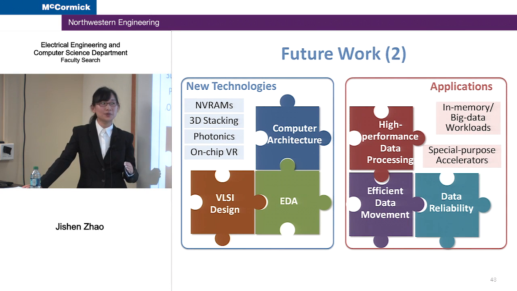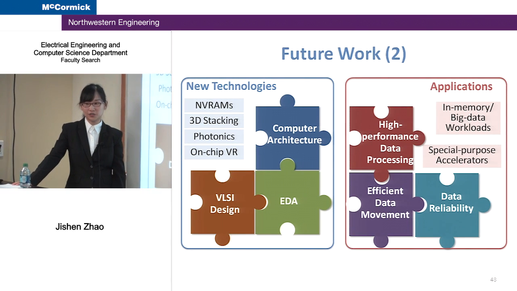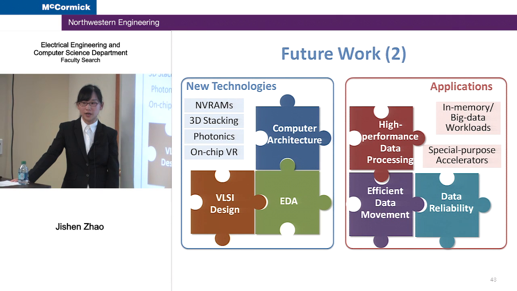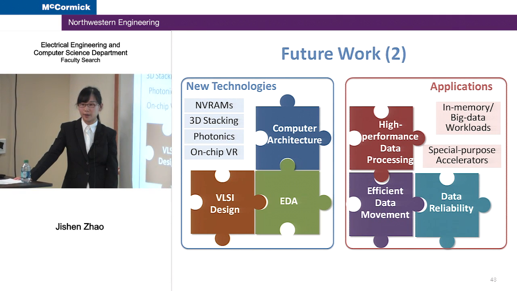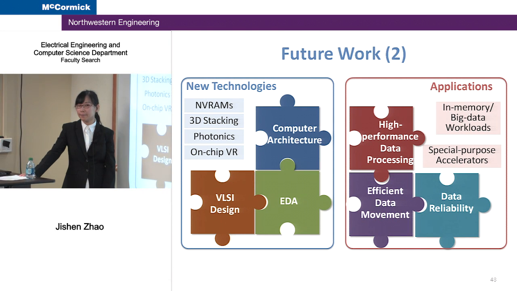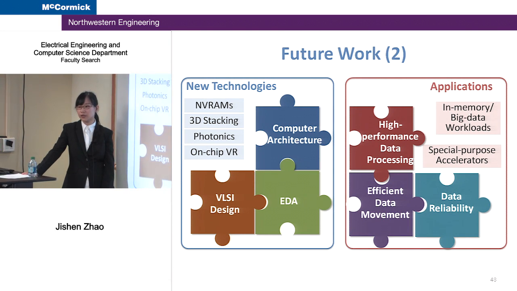So it is promising that it can provide high capacity, but DRAM is currently still the mainstream memory device. So if we use DRAM, how to provide high capacity is one challenge. So I'm thinking about using photonic interconnect to build a memory network to provide this high capacity without much performance loss.